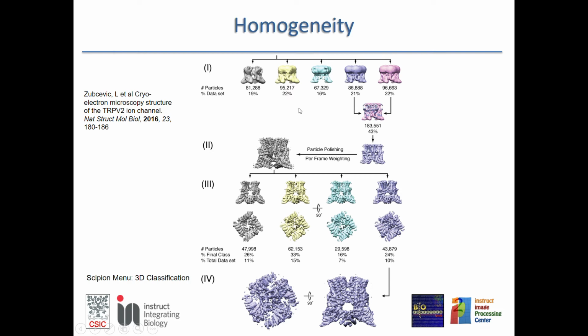For doing this distinction between different structures, we use 3D classification, and this 3D classification will identify homogeneous populations, and this is good, and we are all familiar with these schemes.